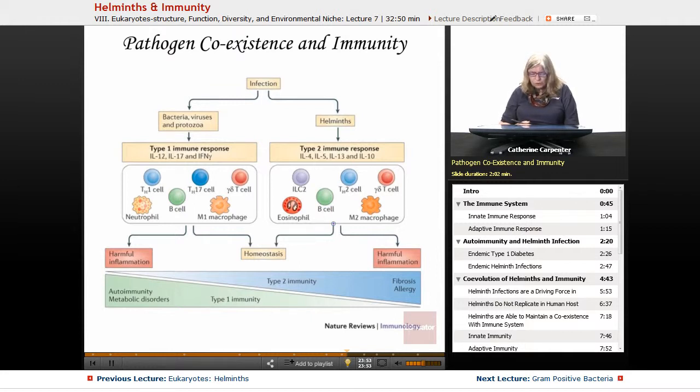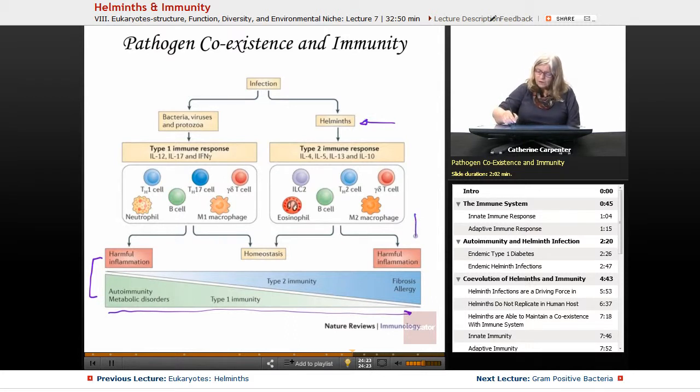And in the situation where we have a harmful inflammation type reaction, we also have a high level of potential autoimmune disorders. Now, as the autoimmune axis decreases, we can see the helminths inducing a type 2 immune response with their various particular cell populations.